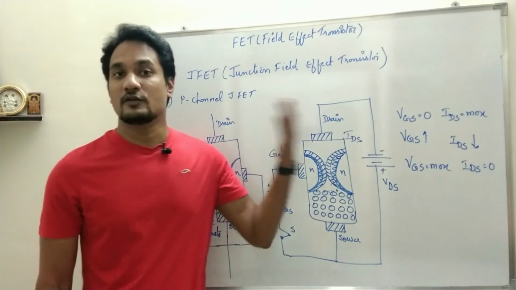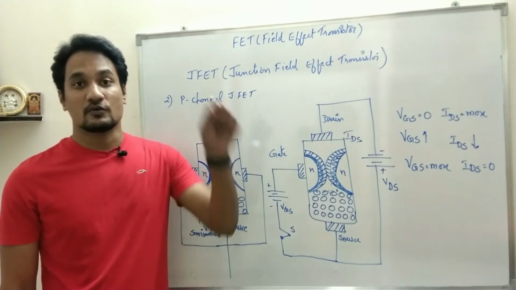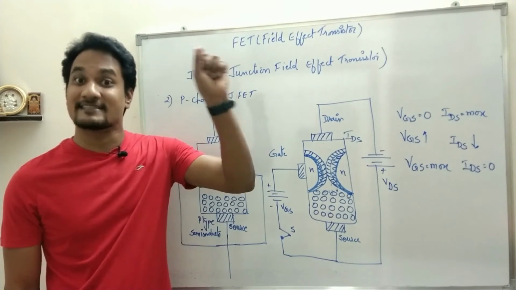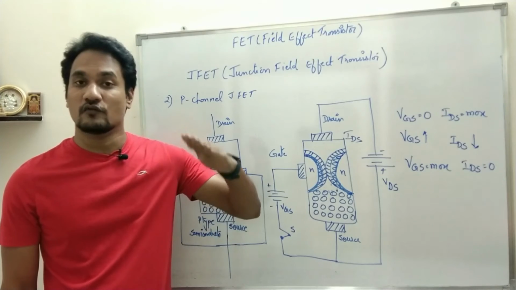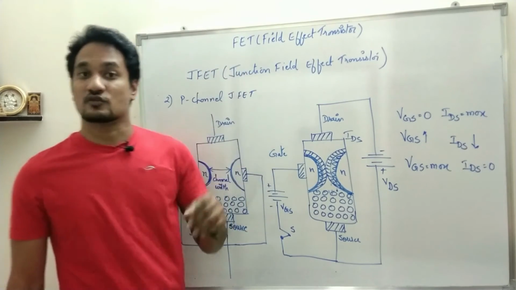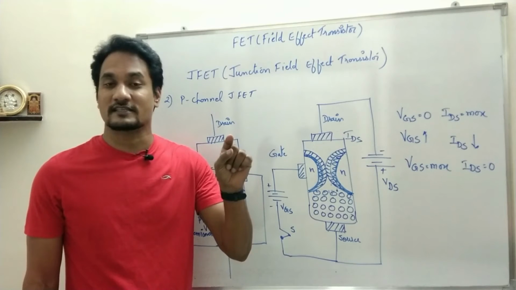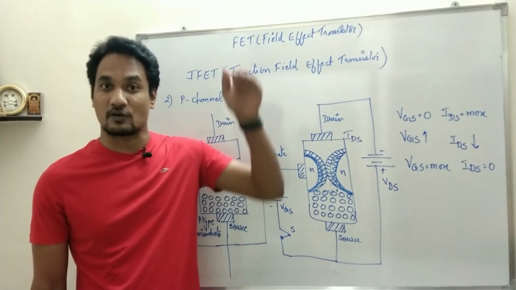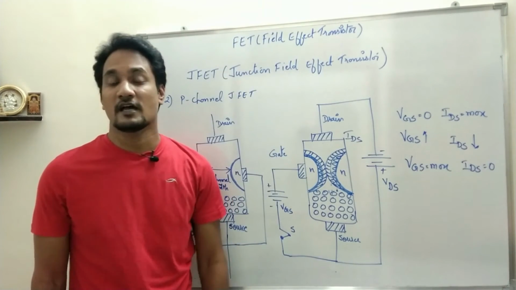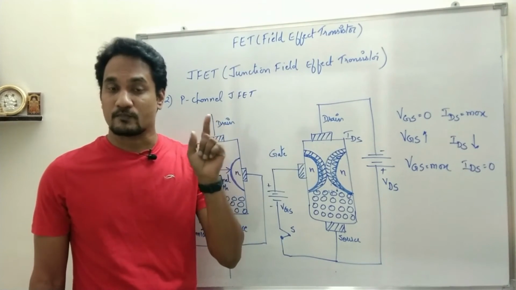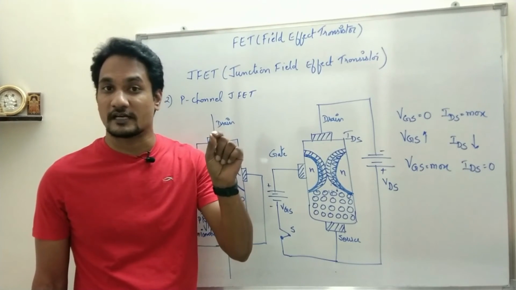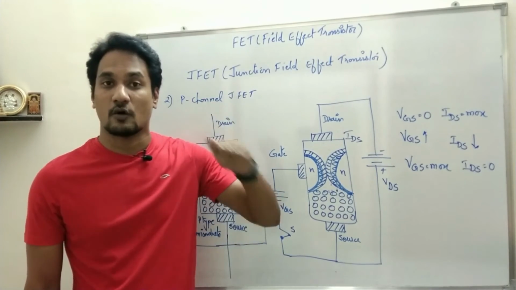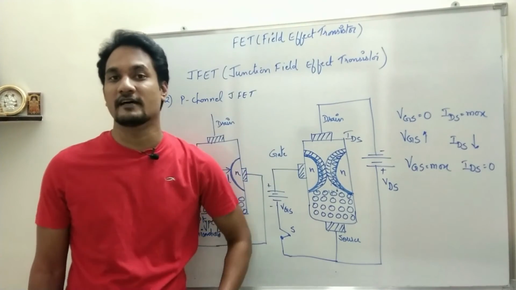When you understand the operation, you apply polarity to source and drain such that charge carriers will move from source to drain. If it is N channel, source is connected to negative, drain is connected to positive. The negative terminal will repel the electrons, which move towards drain and get attracted by the positive terminal. If it is P channel JFET, source will be connected to positive, drain to negative. The positive terminal will repel holes, which move towards drain and get attracted by the negative terminal.